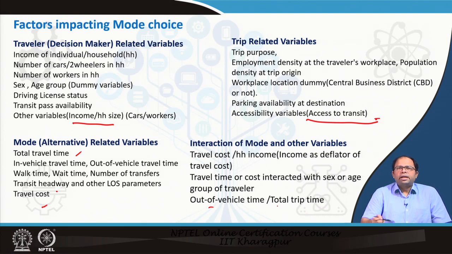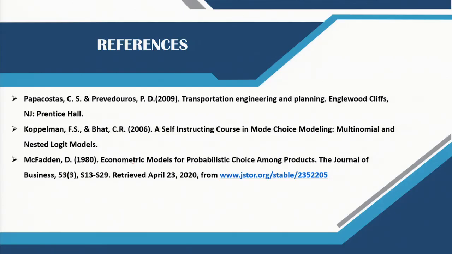So, these are the different interaction terms that could also be used, and many of these variables are common for all the modes, some of them are specific to certain modes. For example, out-of-vehicle travel time would be considered probably only for transit, but for car also we can consider it, with a very small value. So, these are some of the references that you can consider.